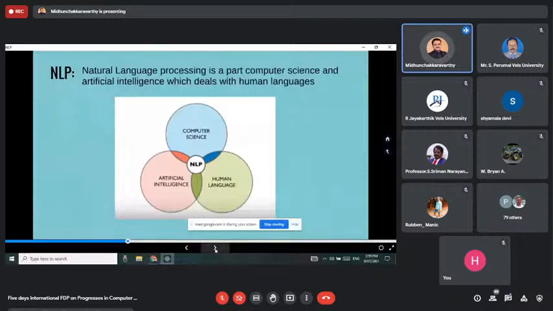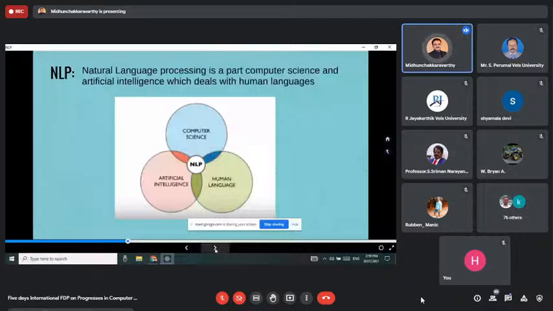Initially we started with computer science, first we started calculating, then we wanted to store our data in our system, then we thought of sharing whatever data we stored with others. So then networking came in. Networking was there, calculation was there, storage was there. Now the problem is how to make all these processes very fast and effective. Then we wanted AI. So AI came in, then we started doing it.